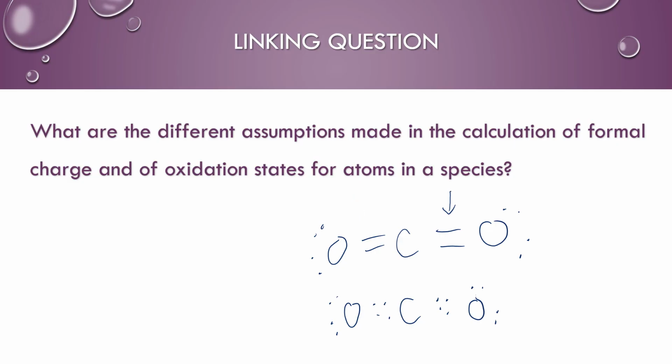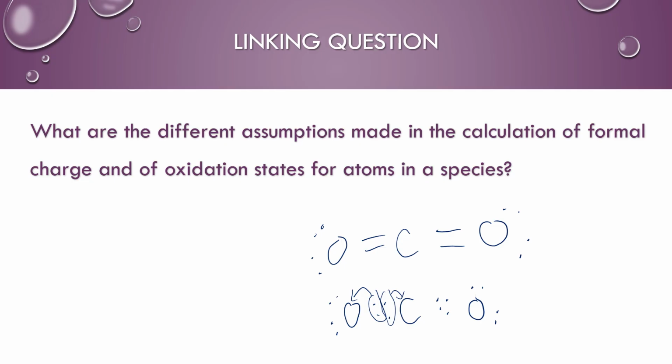When we're assigning a formal charge, we assume that 2 of the electrons are assigned to carbon and 2 of them are assigned to oxygen, so that it's sharing them evenly. And in reality, that's not necessarily true, because the more electronegative atom is going to attract them more than the less electronegative atom.